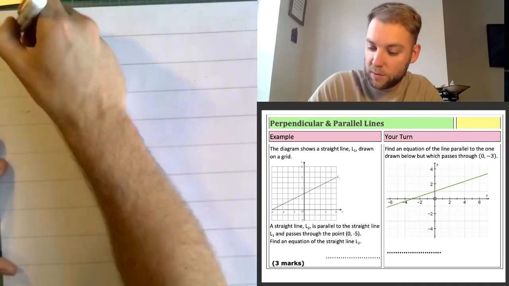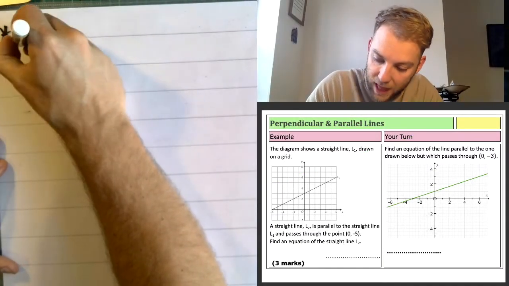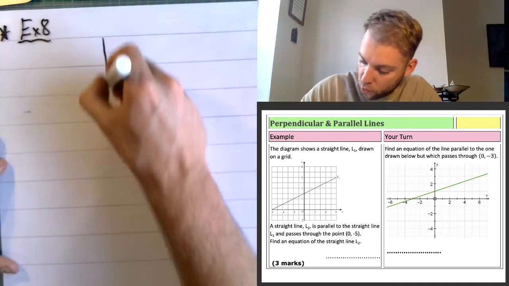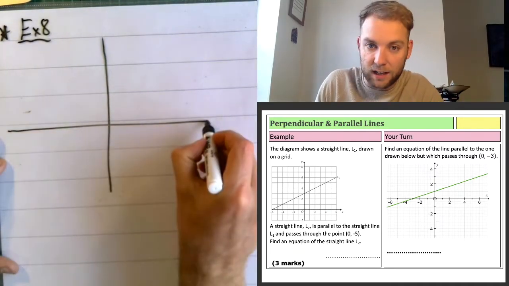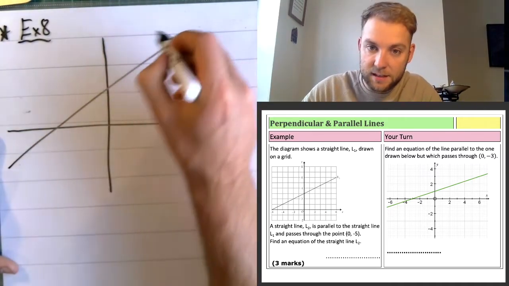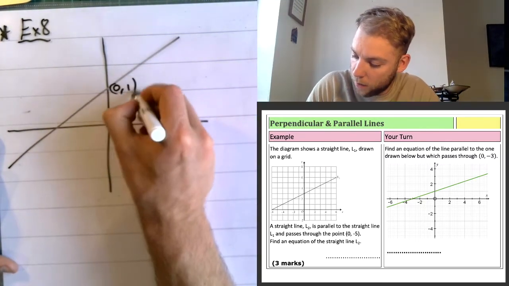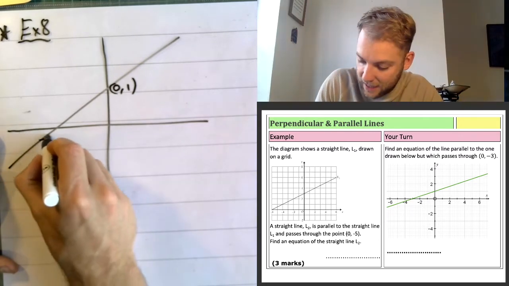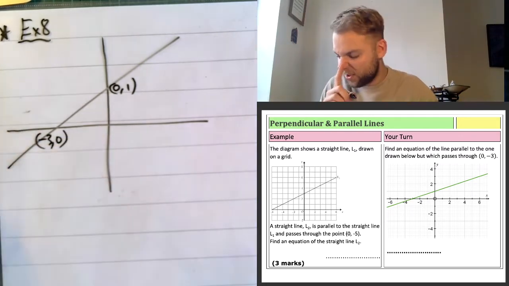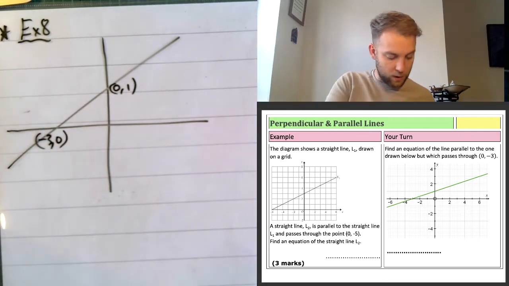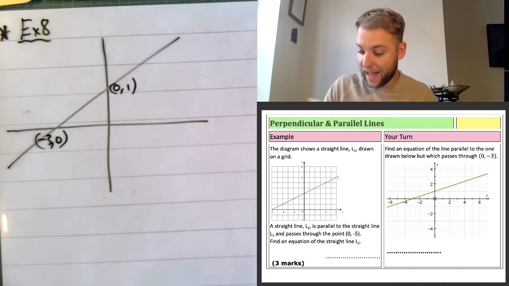Okay, so let's have a look at this one together then. This is example 8. So remember to draw a sketch of your diagram. We're going up like this and crossing through here is 0, 1, and here is negative 3, 0. Super. So when I'm doing this, remember I've got to find how high I'm going first.